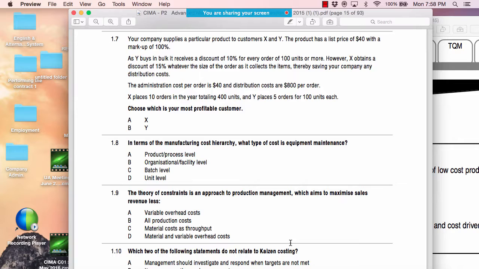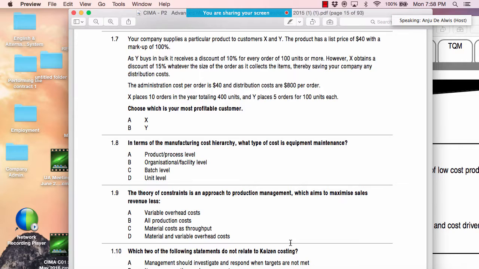Elaine, how did you calculate? For customer X, I had the sale price of 40 times the 400 units, then less 15% of that. Okay. And Y, the same thing? The same thing, yeah. The 40 times 5 orders of 100 each, so it's 500 units, which came to 20,000, and then the deduction of 10%, because each order would have been the 100 units that qualified them for the discount.